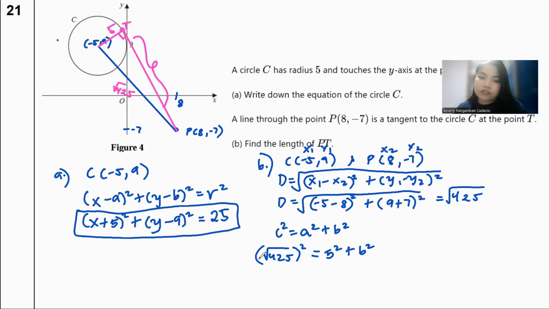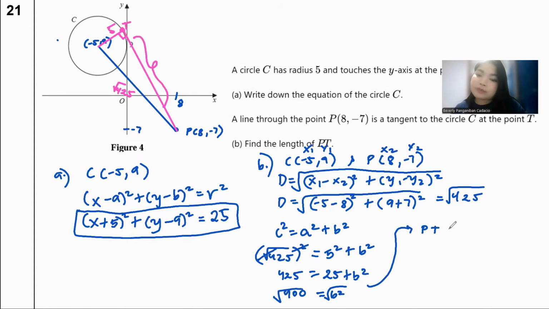The square root and the square undo each other, so you have 425 = 25 + b². Then we put the 25 on the other side, which gives 400 = b². We square root both sides, and your b, which is your PT, will be the square root of 400, or 20. You can put units there: 20 units, and that's it.